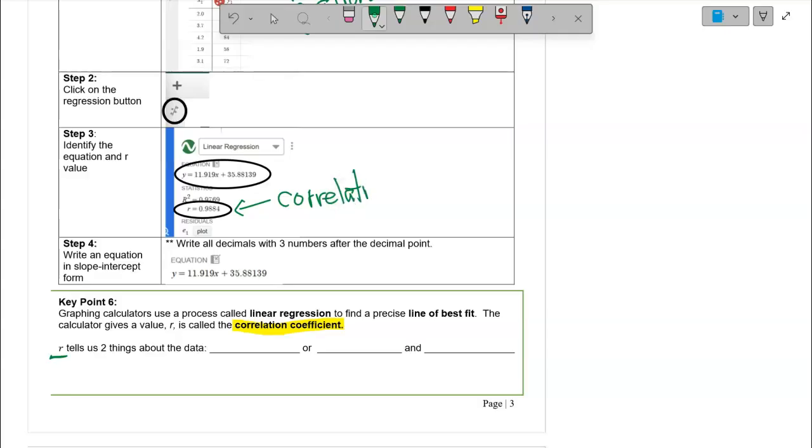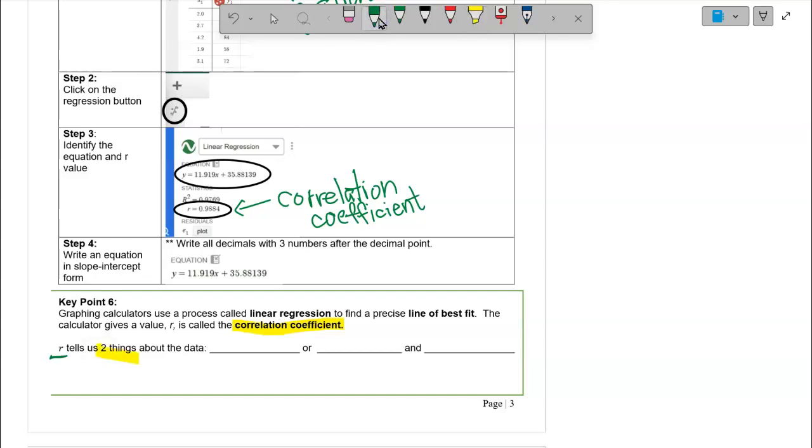The R value is my correlation coefficient. That's your correlation coefficient. What does it tell you? It tells us 2 things. What are the 2 things?